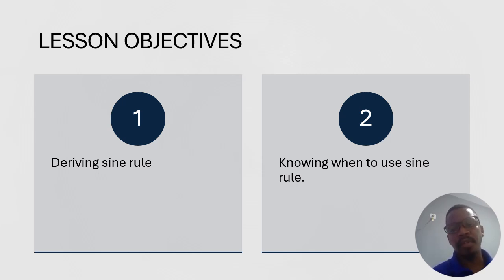We will show each other simple ways of knowing that here is where I have to apply the sine rule. We are not going to use the normal method, where we are encouraged more to memorize, but in this case I will just show you how you use the sine rule and those other rules, to solve your problem. So let's start by deriving the sine rule.